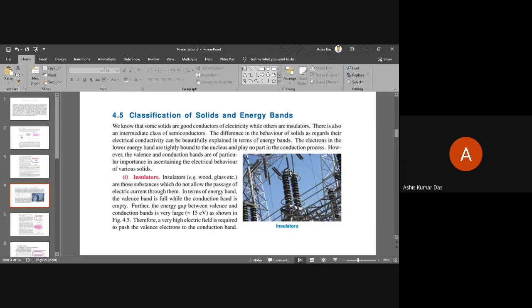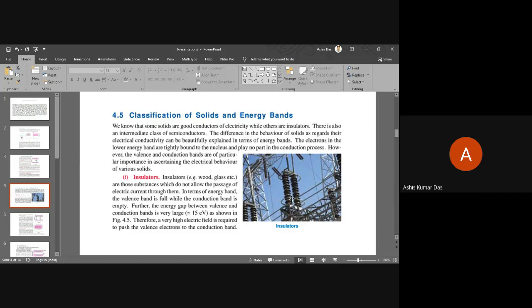So in the insulator, you see in the figure, this is a high voltage transmission line, and on the roadside when you are going home, there is a huge tower beside the agricultural field, and we can see some gray colored disc type materials.